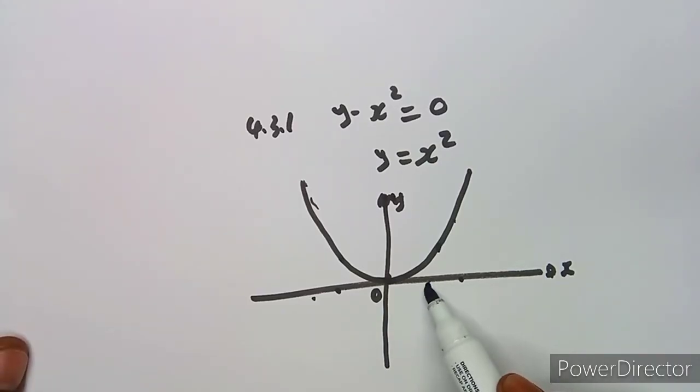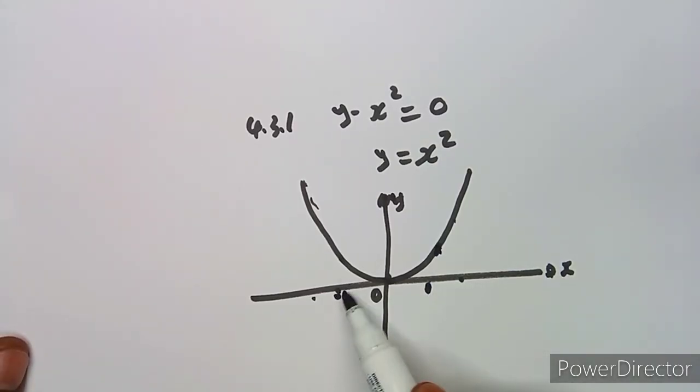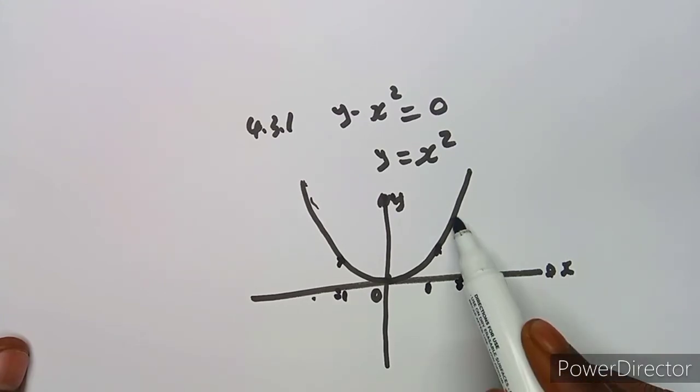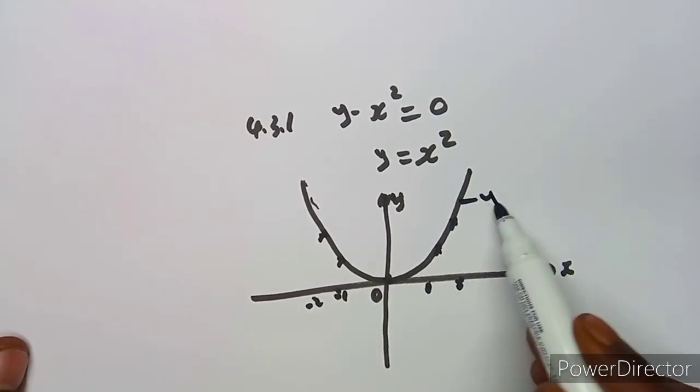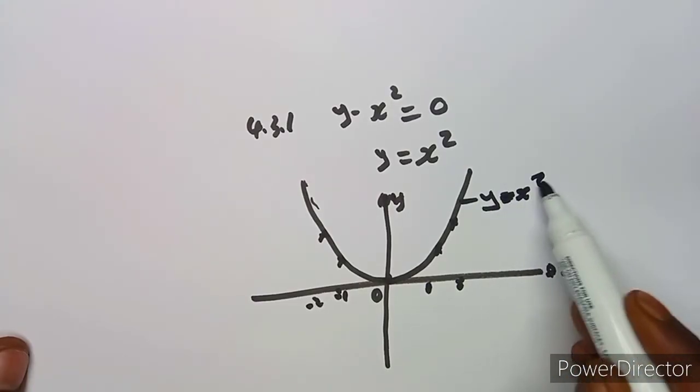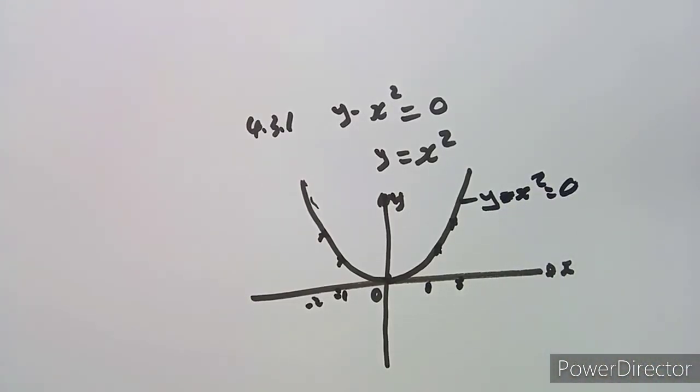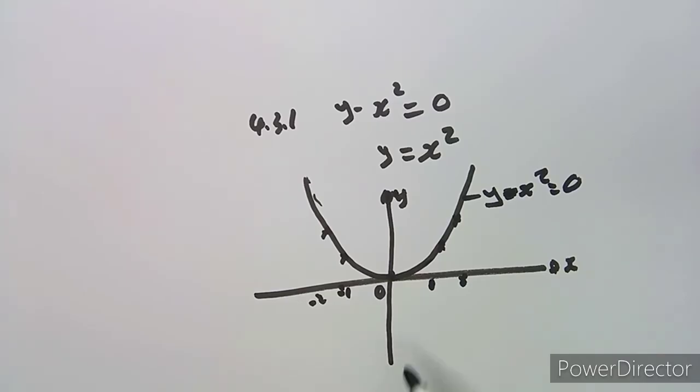At 1, it's going to be 1 here, -1 is going to be 1, 2 is going to be 4, -2 is going to be 4. So that's how it actually looks, which is y is equal to x squared, or y minus x squared is equal to 0. That's how this graph is going to look.